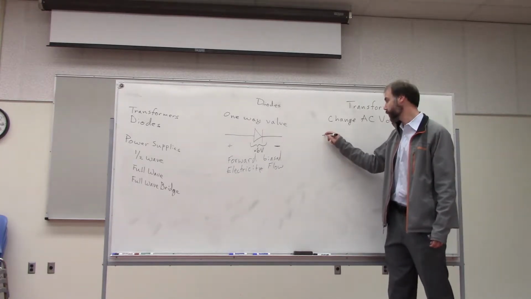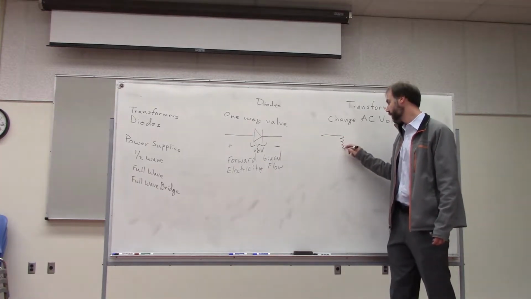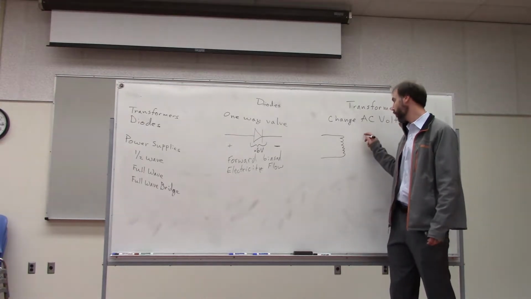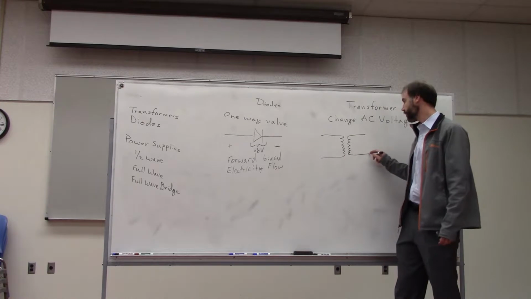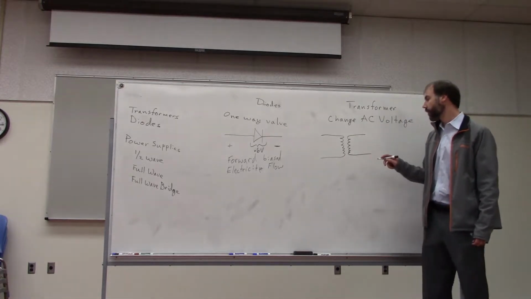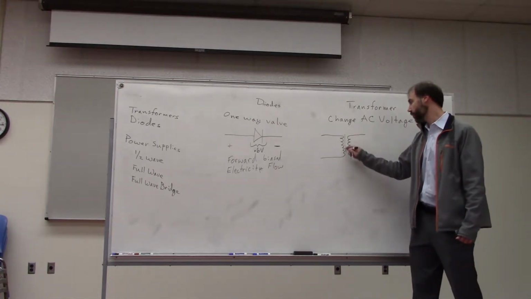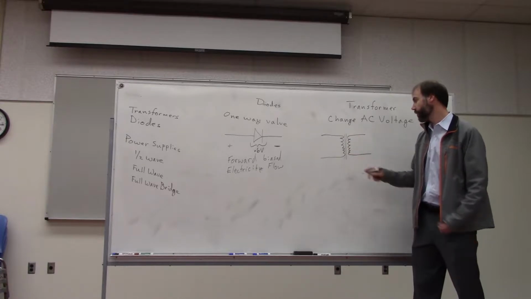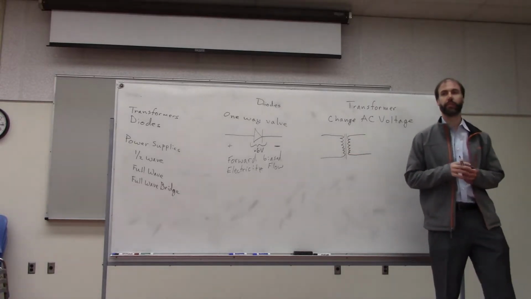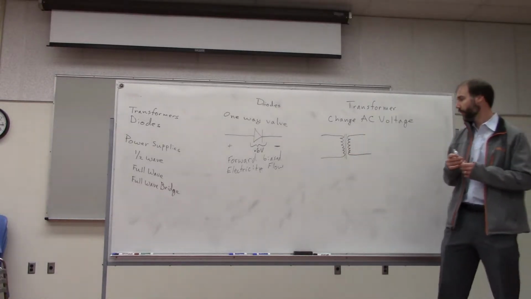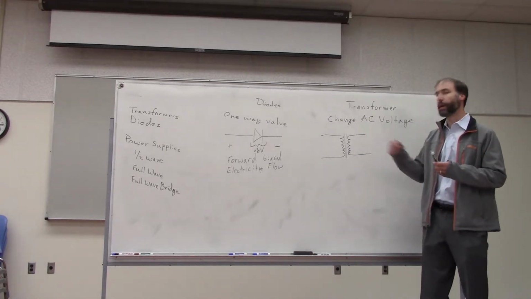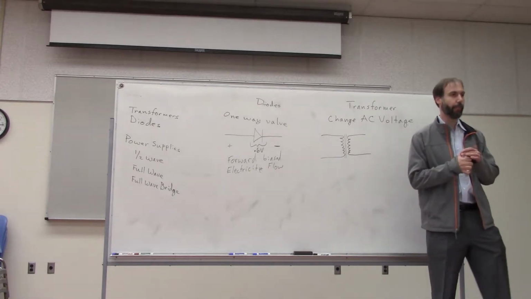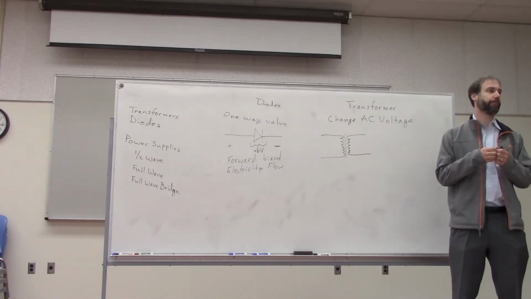So the picture for a transformer looks like this. It represents two coils of wire next to each other. And if we put these two little lines in the middle, what do those lines mean? Iron core, right? So if we have these lines, that means that the coils of wire are wrapped around a form that's made out of iron.